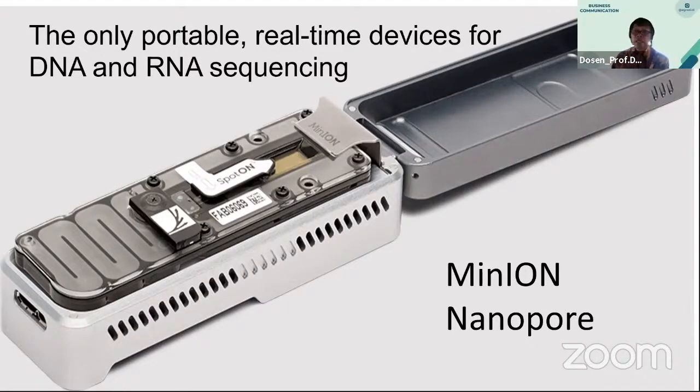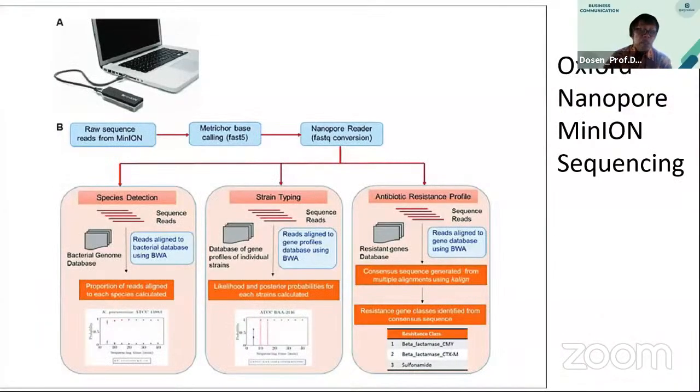So the nanopore or MinION is very important for species detection. We can do species detection, and we can also do strain typing, and even antibiotic resistance profiling.